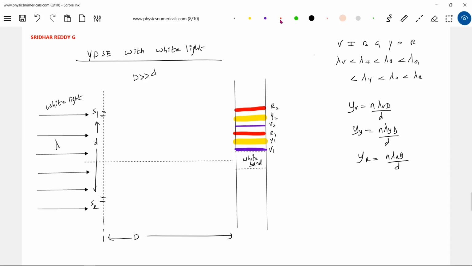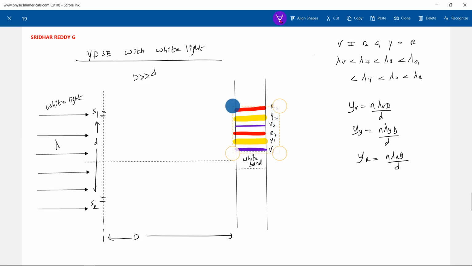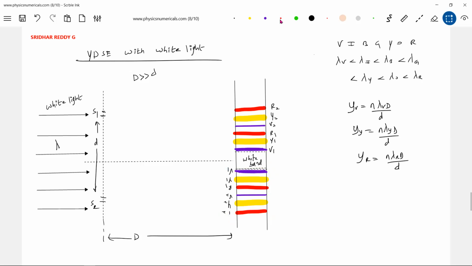It all depends upon the values. I'm just showing the pattern. And the pattern will be symmetric.